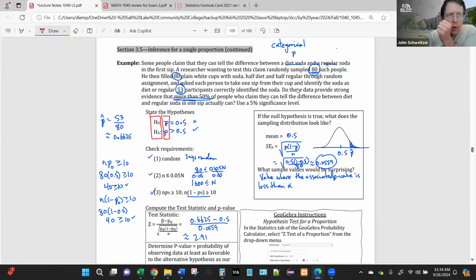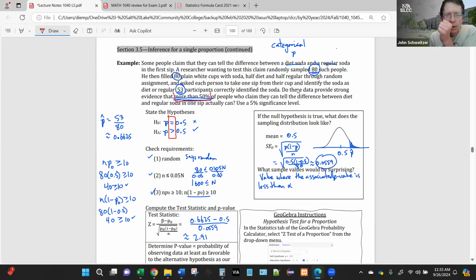Then the third point is getting the equality and inequality here. So the first one will always be equals. The second one will be some inequality. So it'll be a right-tailed, a left-tailed, or not equals, two-tailed, right? So it'll either be greater than, less than, or not equal. And then how do we know?